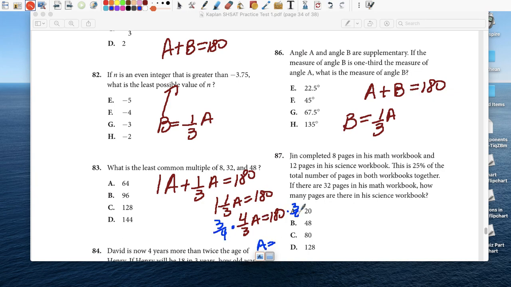That all simplifies and just leaves me with A. And then over here, 180 divided by 4 is 45, and then 45 times 3 is 135. And then we know what angle A is, which is 135. So B would be the supplement, which is 45. Do we have 45? 86.